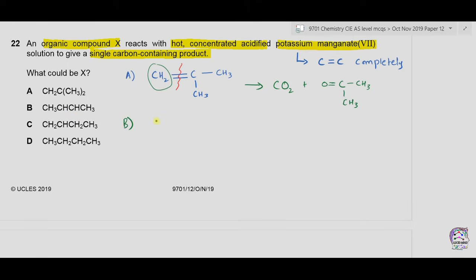Let's draw the structure of B. Again the double bond will be broken completely, and as both sides of this double bond are symmetric, we would have 2 moles of CH3CHO, so it is an aldehyde. In C we have CH2, CH, CH2, CH3, so the structure will be like this.